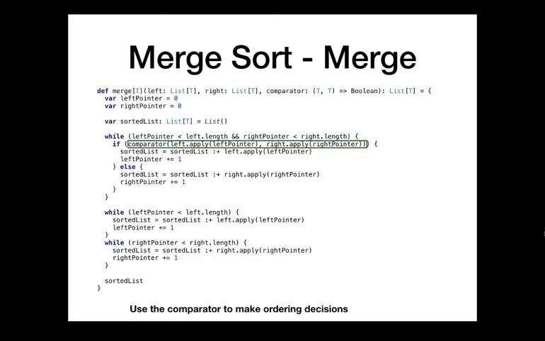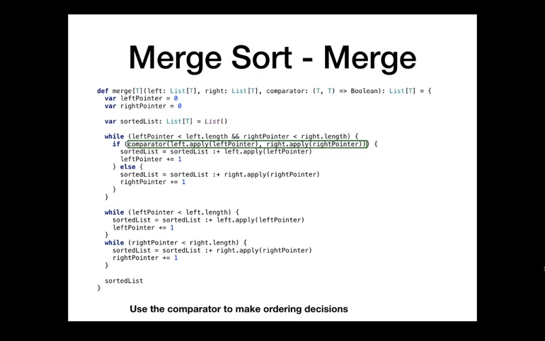So here's the code for merge. The code looks a little more complex than what it's actually doing, but there is some duplicate code whether we reach the end of the left list or the end of the right list, copying over the rest of the elements. And most of it is initializing these pointers, checking those pointers, advancing them depending on which one comes first, copying to the output list, and then advancing that pointer.